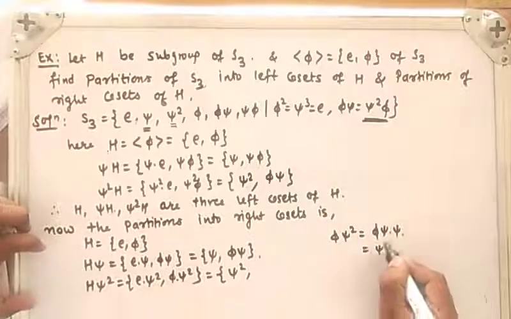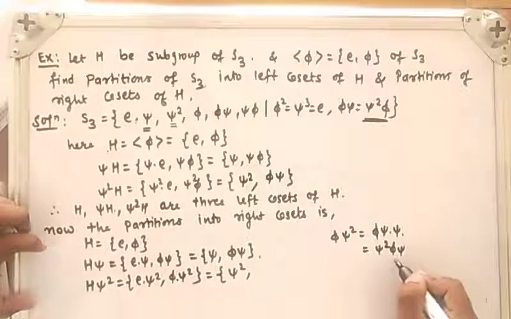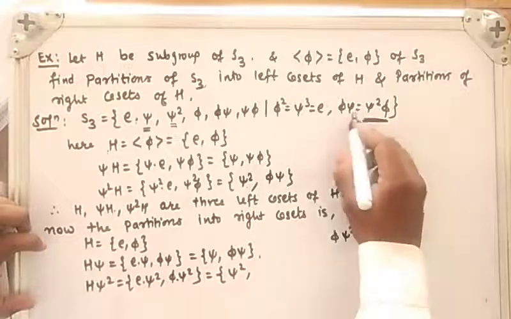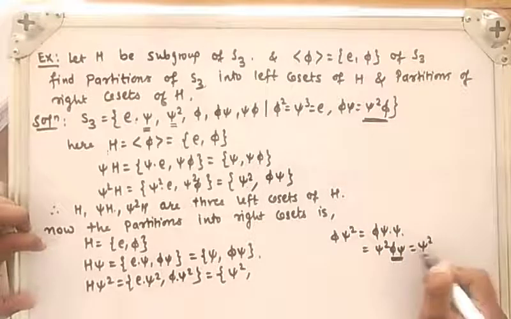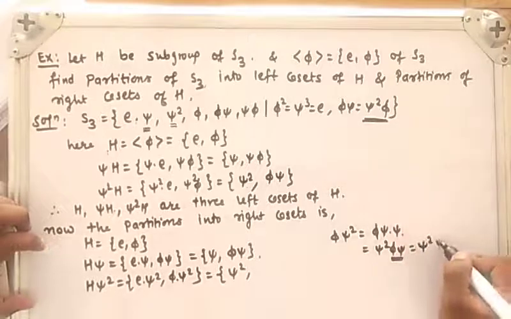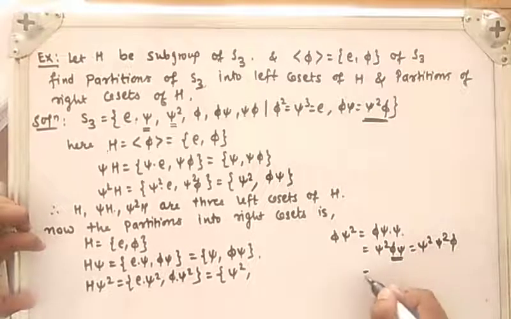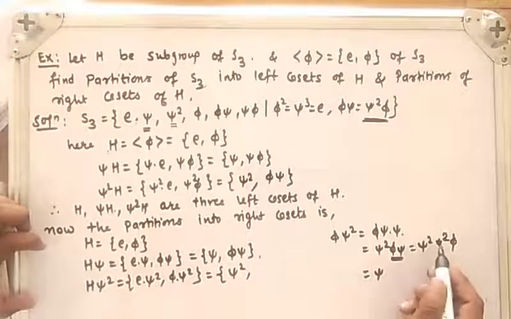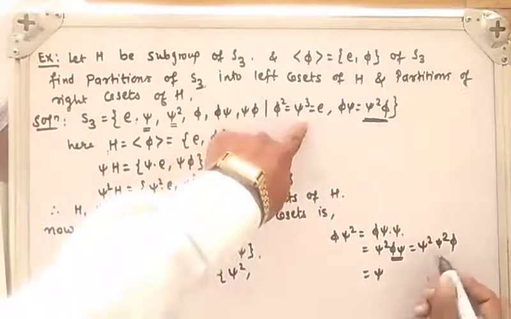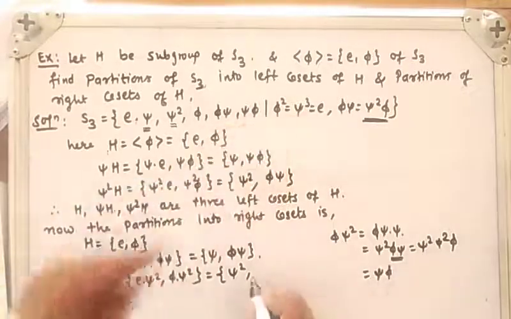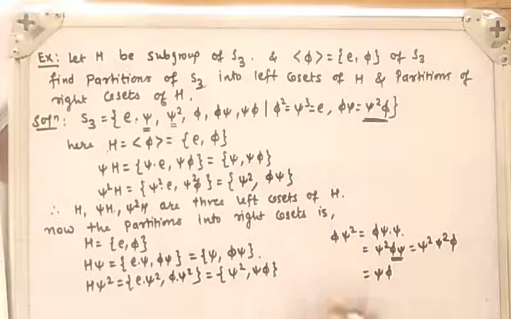We know that phi into psi has value psi square phi, so again phi into psi has value psi square phi. So this is psi raised to 4, and we know that psi cube is identity. So we get only psi phi, right?